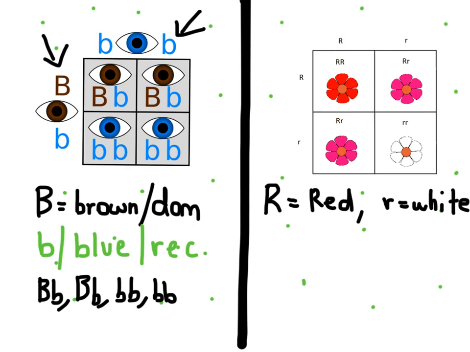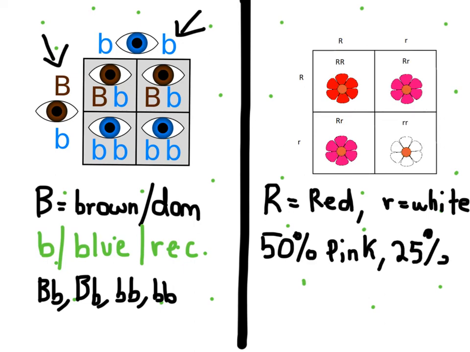The pink flowers are a combination or blend of the red and the white, so the offspring will be 50% pink, 25% red, and 25% white.